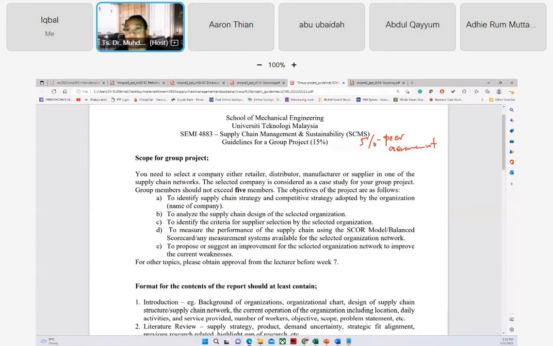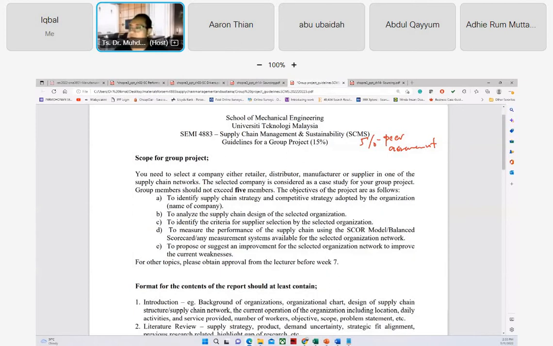My suggestion is don't go for a big company because you only have less than 10 weeks to finish. So go for something that may be easy for you to reach, for example companies somewhere in Taman University. Maybe you can go for 99 Speedmart somewhere near you. So go with that.